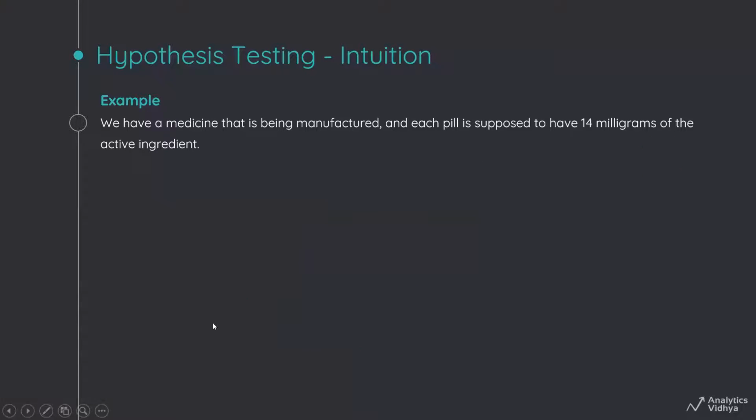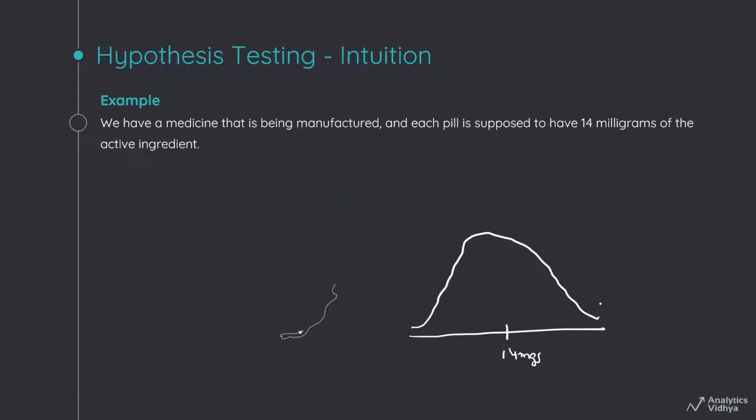All right. So let's say for the 100 samples, my mean is here. My distribution is somewhat like this. This is 18 as an example. This is 10. Me being the drug manufacturer, I know the effect of the drug.